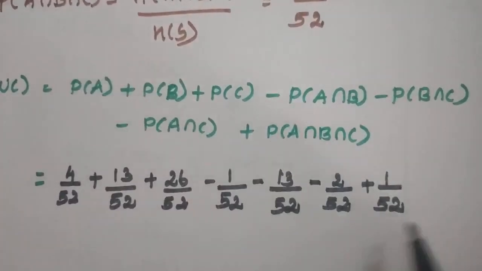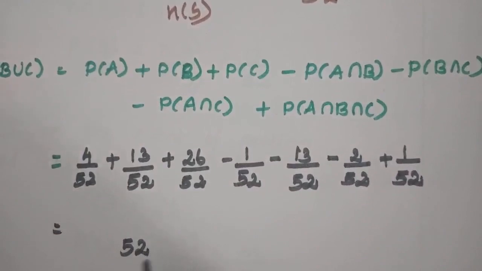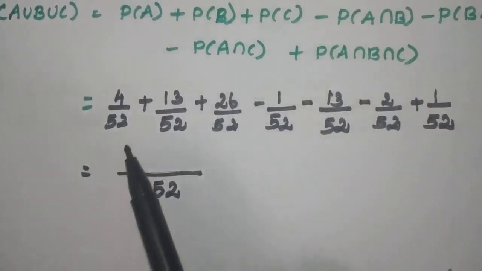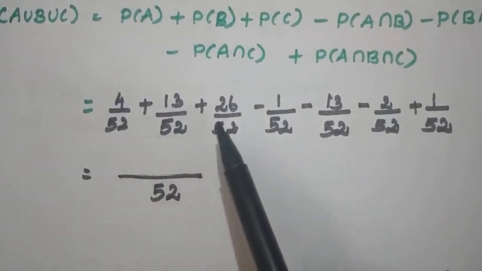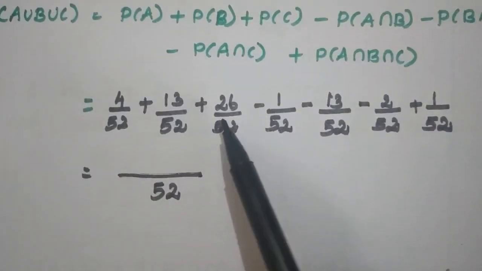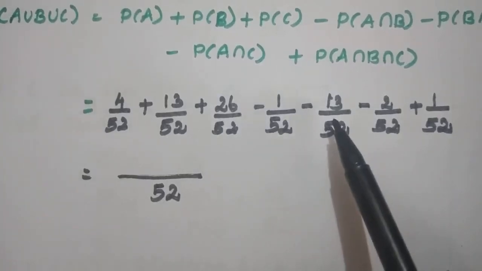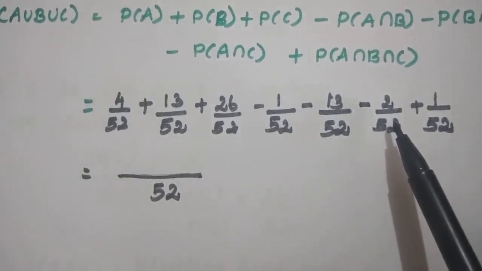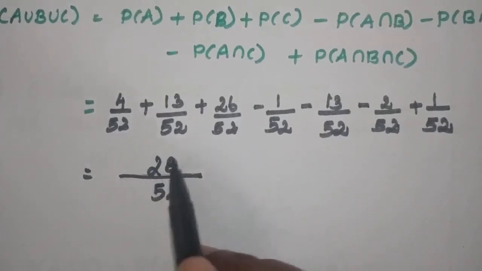So here the denominators are the same, so you can write the denominator as such, 52. In the numerator, 4 plus 13 is 17, 17 plus 26 is 43, 43 minus 1 is 42, 42 minus 13 is 29, 29 minus 2 is 27, 27 plus 1 is 28.